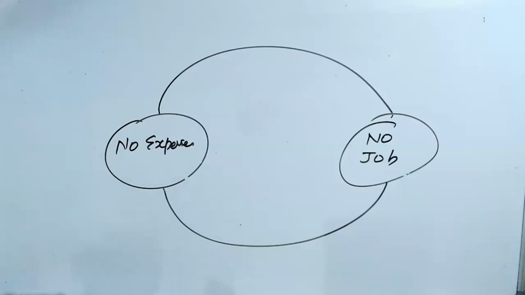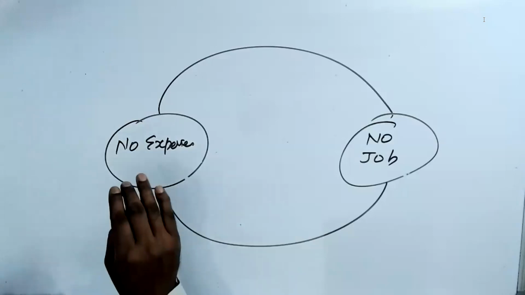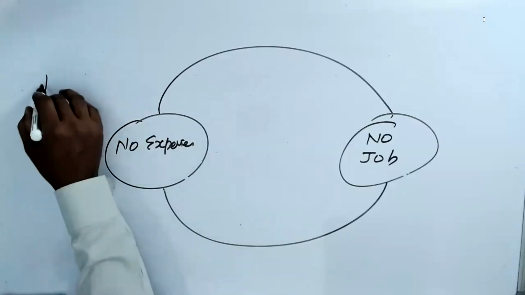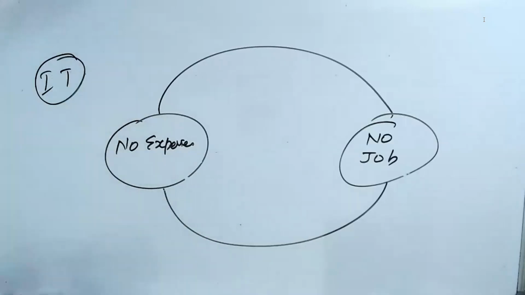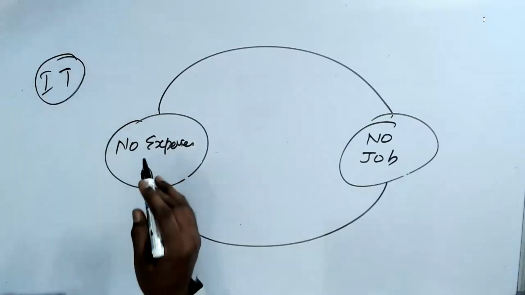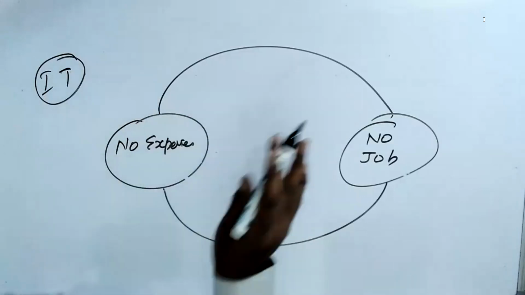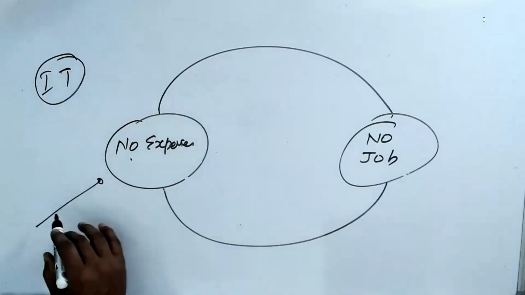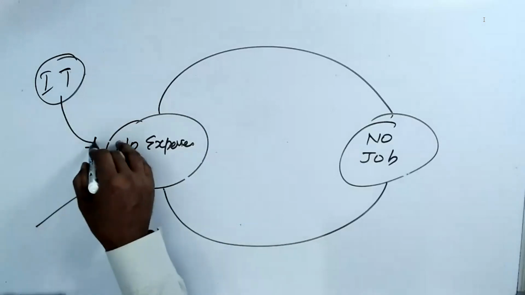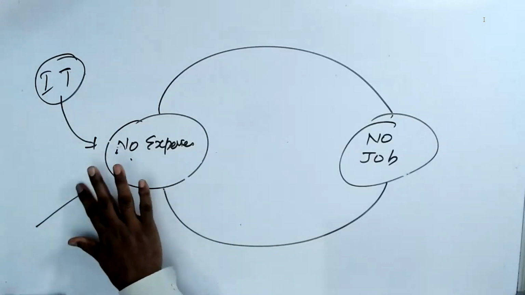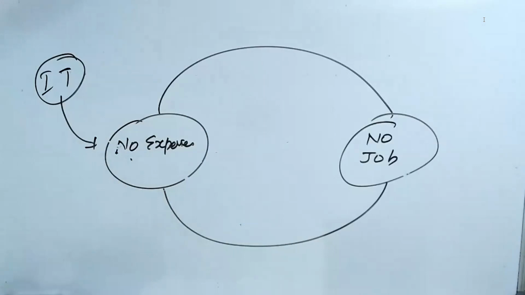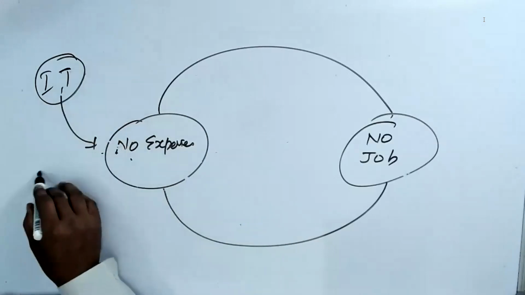This problem is solved by the IT companies, differently. They recruit people and give training, and they take a lot of freshers with no experience. So they break the loop. The IT group breaks the loop. That's one reason we are all getting into IT. Most college students go to IT because of that. IT can recruit and put people on the bench.